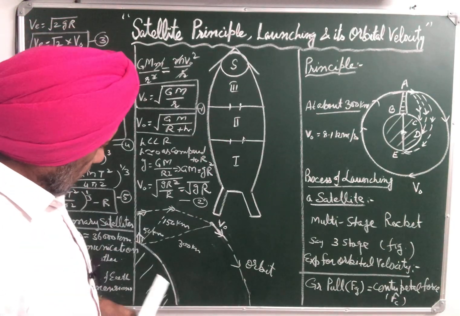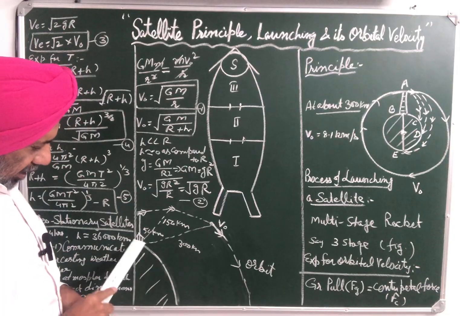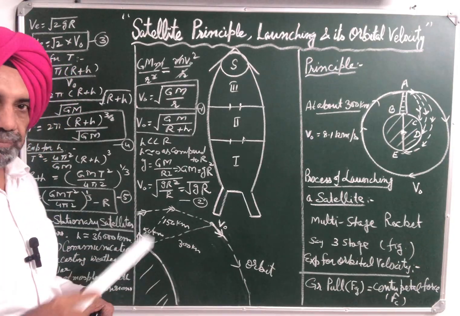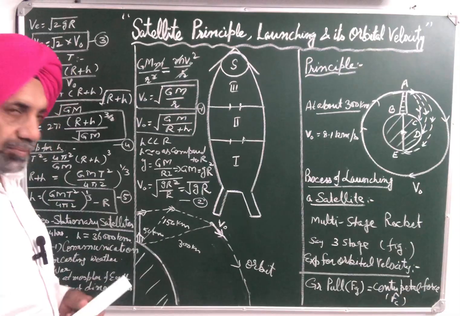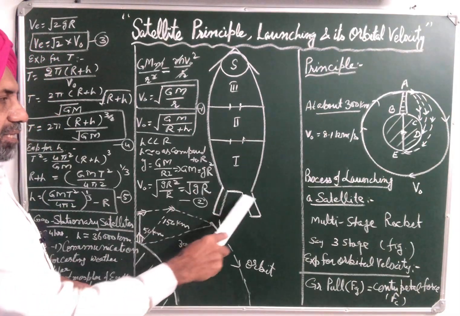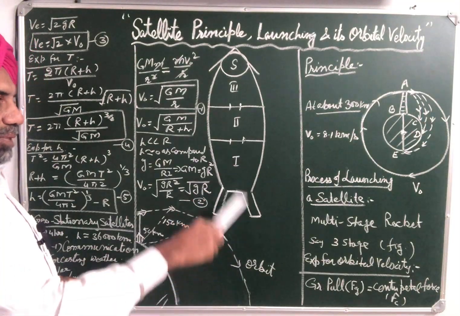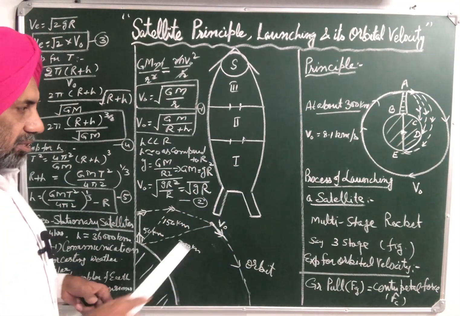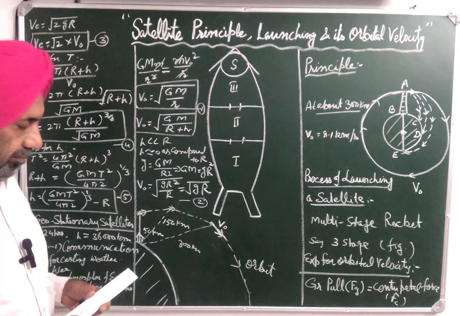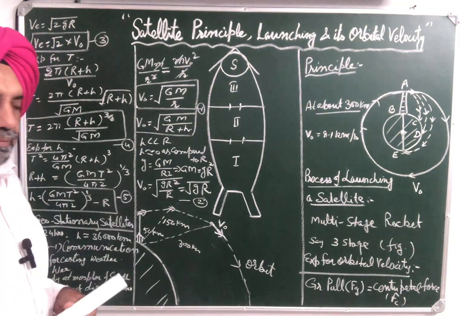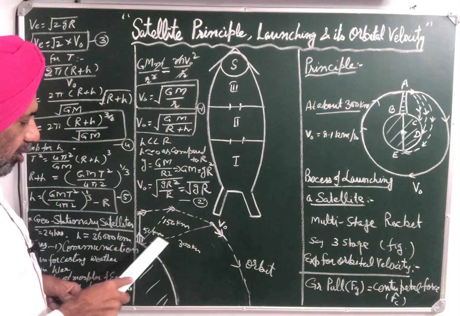When the rocket is ignited from the surface of Earth, the fuel inside the first stage starts burning. As a result, it experiences an upthrust in accordance with the law of conservation of linear momentum, and the satellite rises to a height of about 50 km.